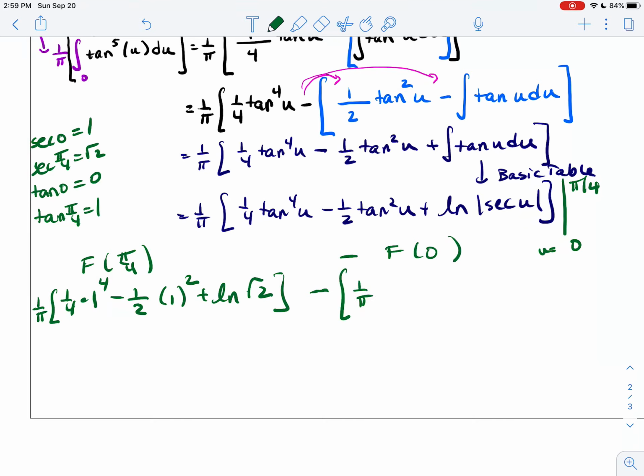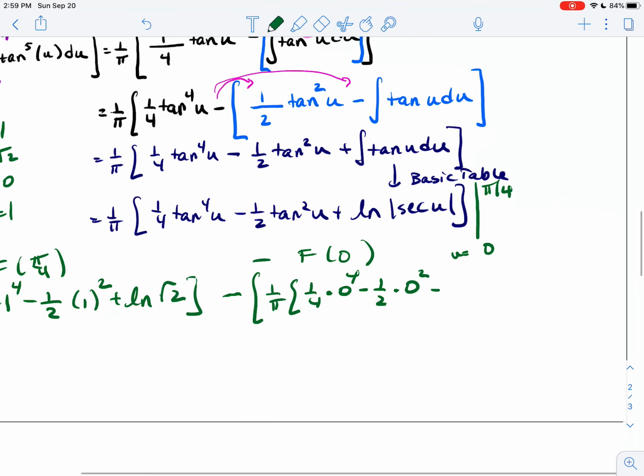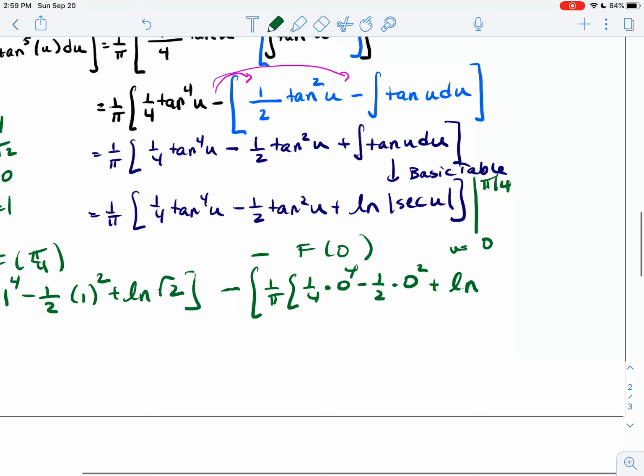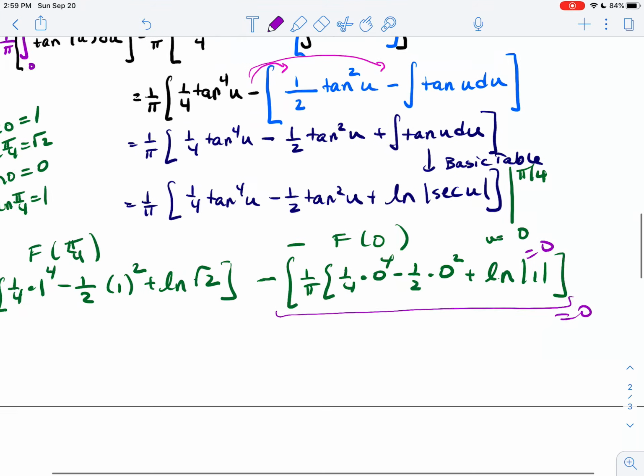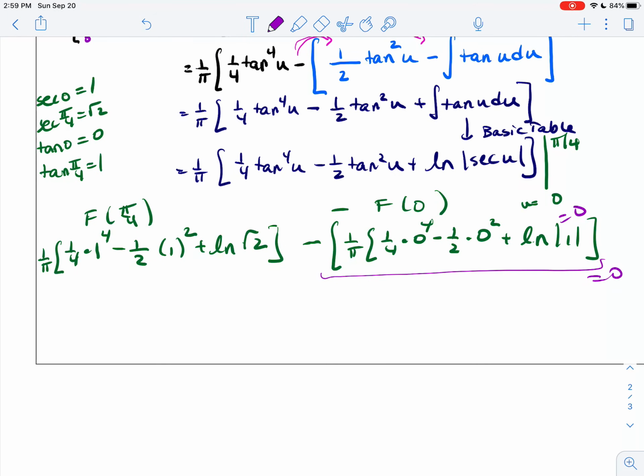And now we're going to take away, and we're going to do it again, and we'll have 1 over pi times 1/4 times 0 minus 1/2 times 0, and this is 0 to the 4th power, and this is 0 squared. And then we have plus the ln of 1. And the ln of 1 is also equal to 0. So this whole expression is equal to 0 because every term on the inside is equal to 0.